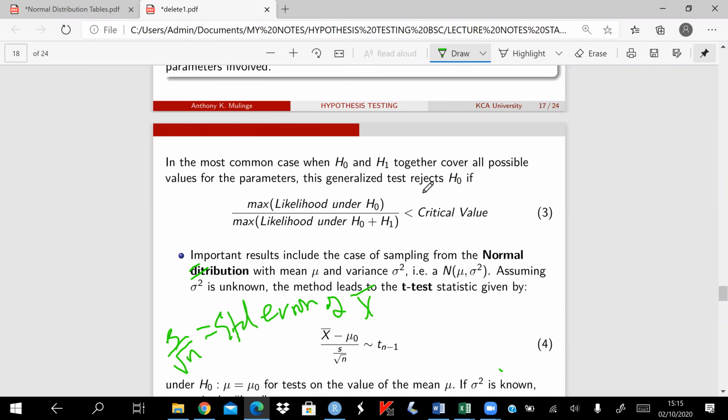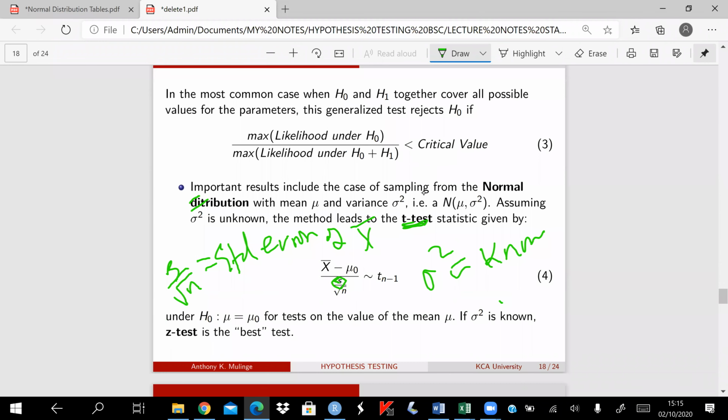So we use a T statistic, which is the best statistic in this case. But if sigma squared is known, that means we are not going to use S here. You'll use the same formula, but now the best test will be a Z test, or the standard normal test, given by x bar minus mu naught over sigma over root N, which is normal with mean 0 and variance 1.